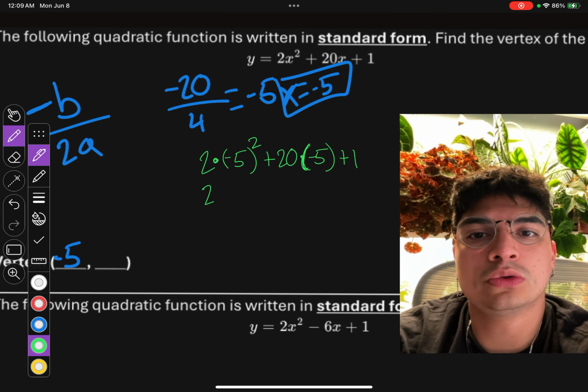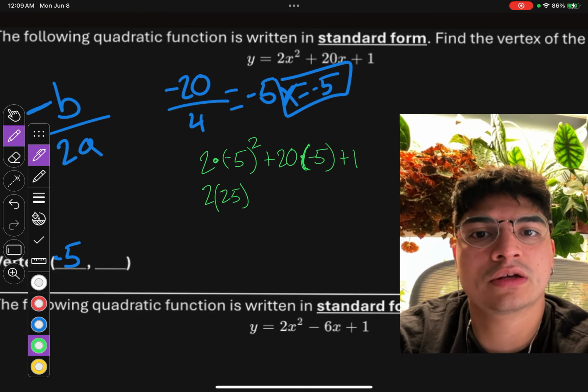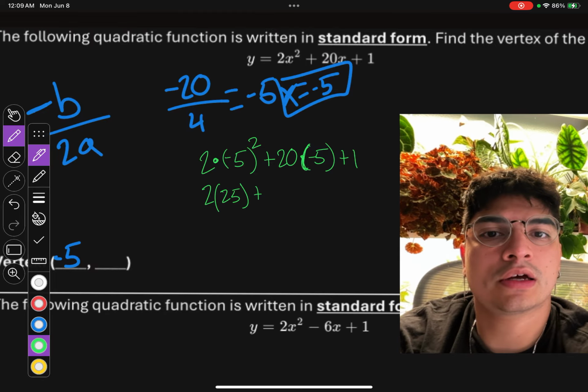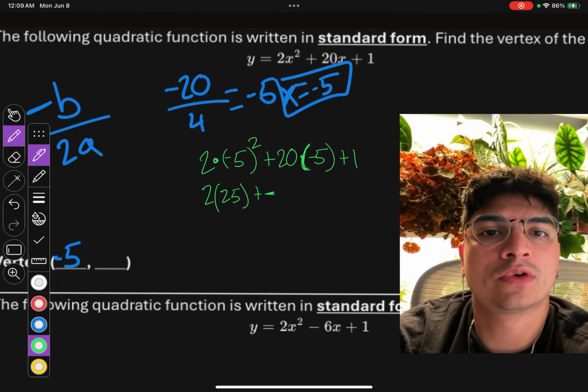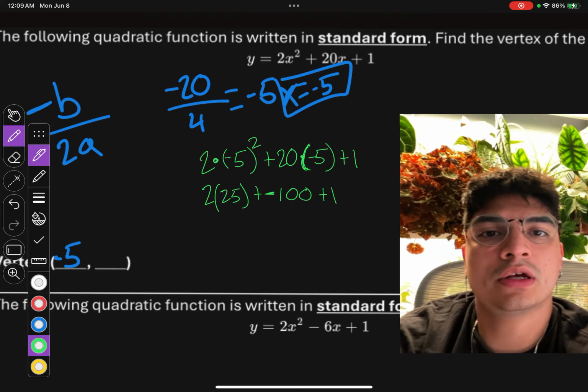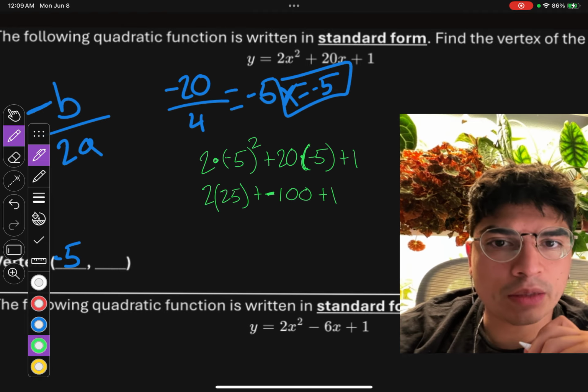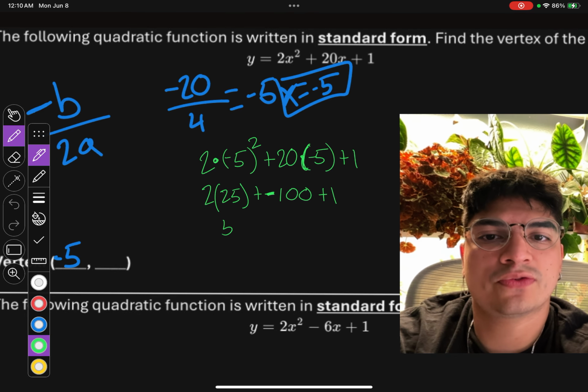We're going to have 2 times positive 25, because negative 5 squared is 25, plus negative 100 plus 1. Then we're going to have 2 times 25, which is 50.